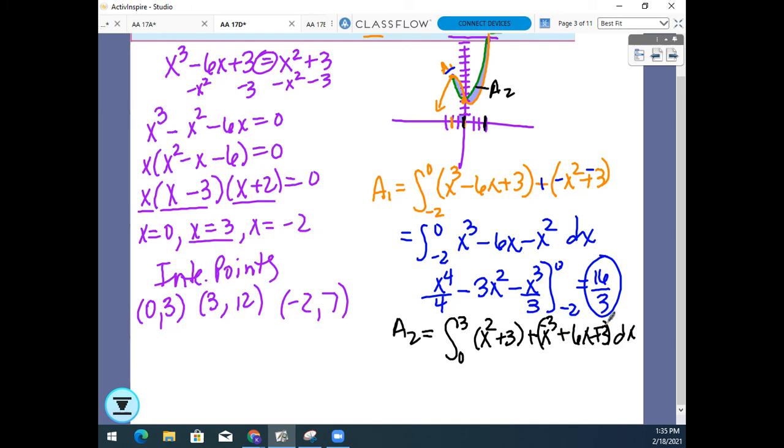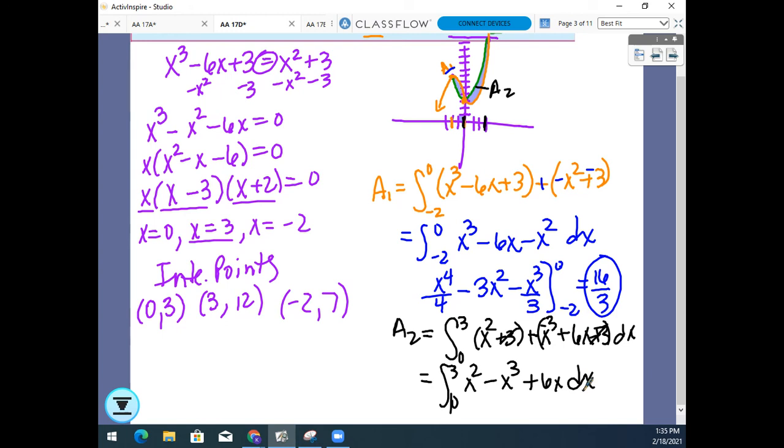Distribute your negative. So I'm going from 0 to 3. And I'll just start with x squared. The 3's now cancel. So these are just going to be opposites here. Plus 6x.